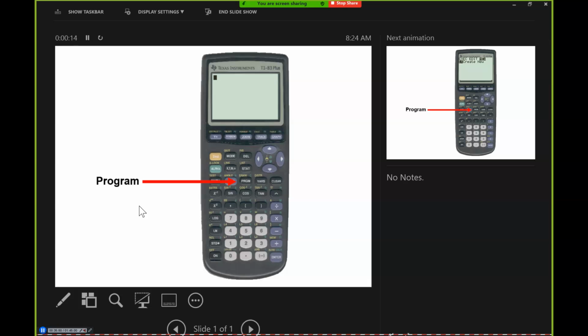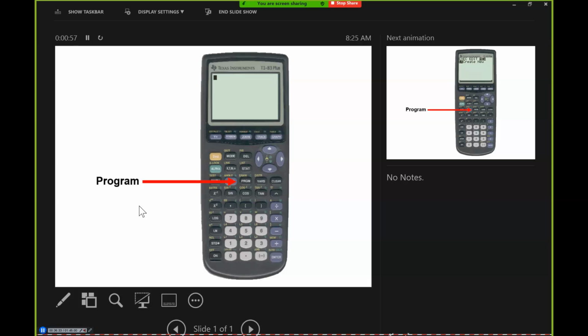Unless you reset your calculator or your batteries die or something like that, this program will be on your calculator in perpetuity. I've put this PowerPoint that we're going to run through right now on our PowerSchool page under the Resources tab. So if you need to go back and reprogram your calculator, this PowerPoint is there and available for you. Everybody okay with that plan? Okay. So go ahead and turn your calculator on.